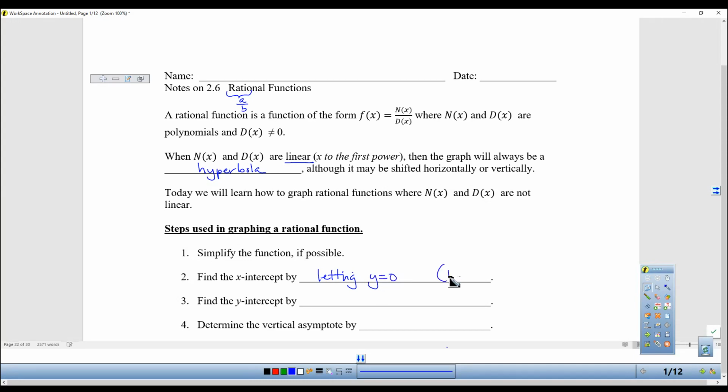And then you'll have some kind of a number, comma 0. Find the y-intercept by letting x be equal to 0. And that'll give you 0, comma, a number. We're going to find the vertical asymptote by letting d of x, the denominator, be equal to 0.